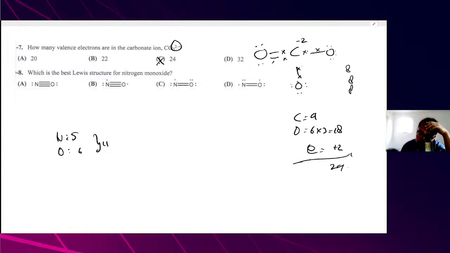So let's take a look. How to know the answer of this one is pretty easy if we know the concept of formal charge. Formal charge, if close to 0, might be better.